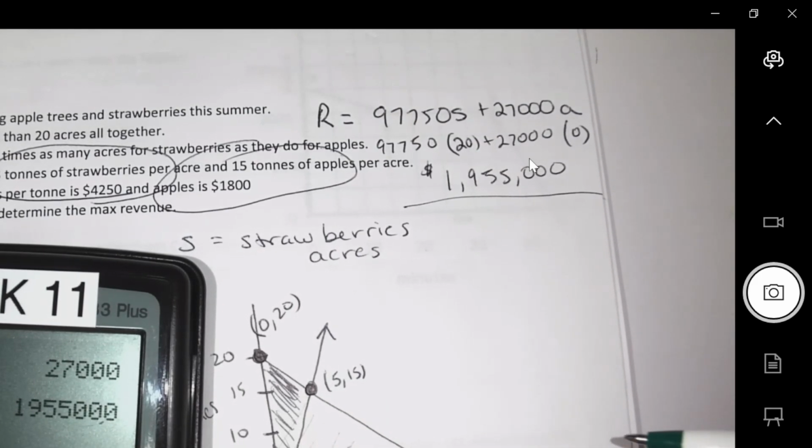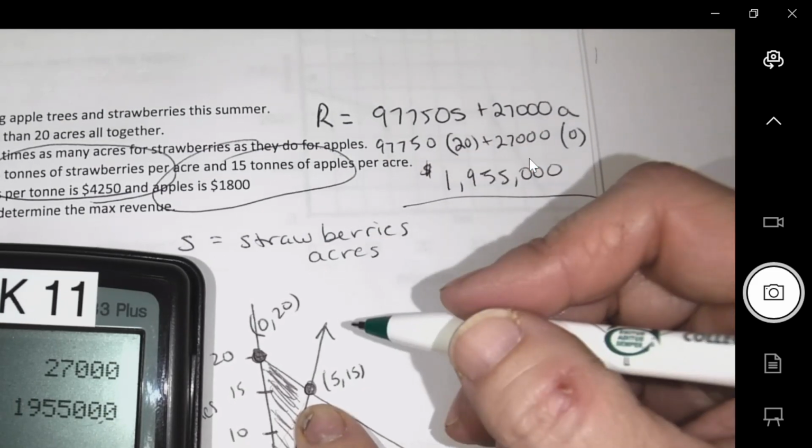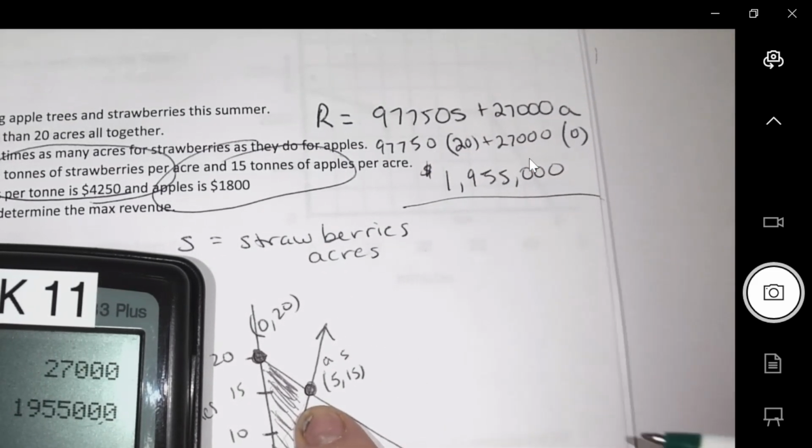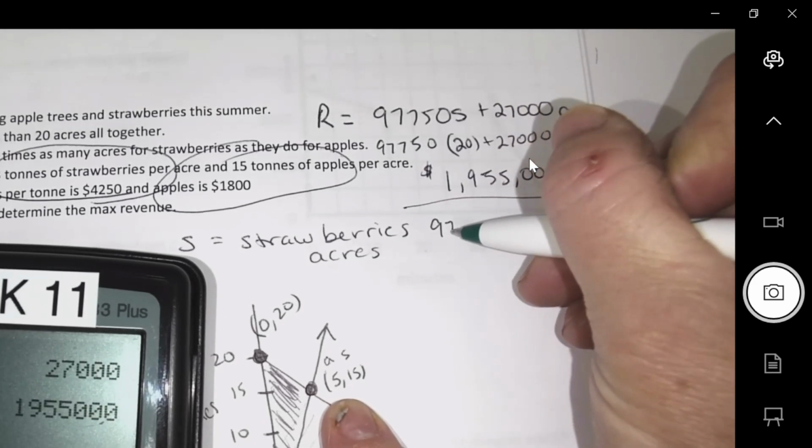The other option is if I do 5 apples and 15 strawberries.